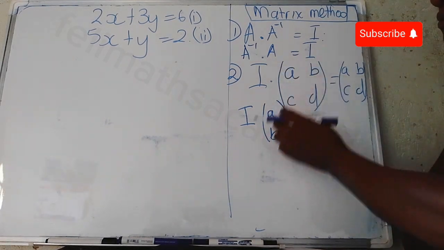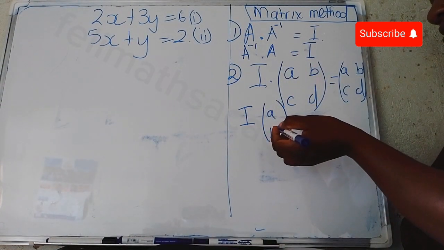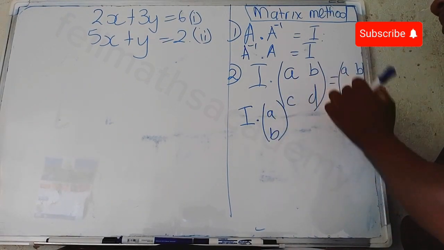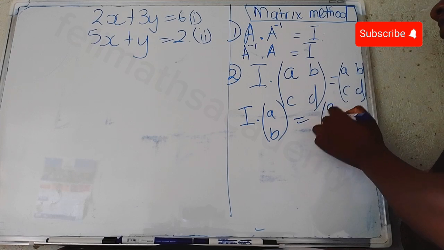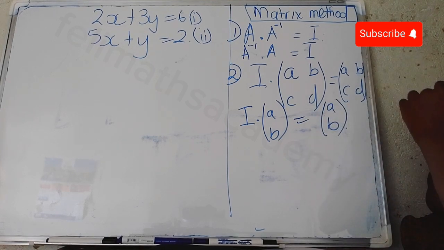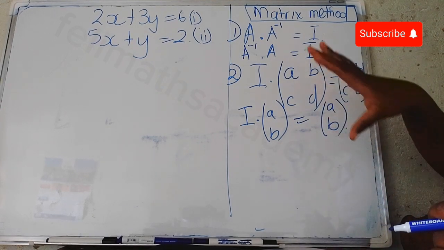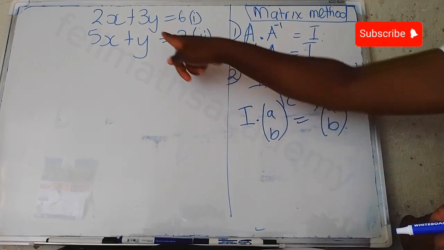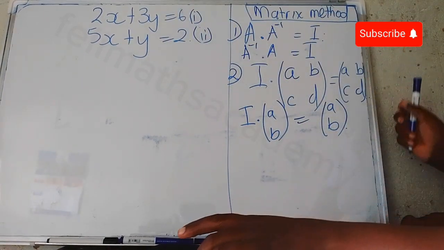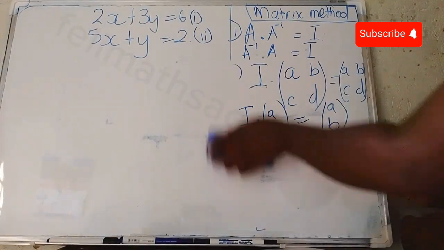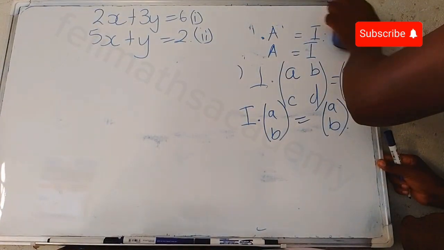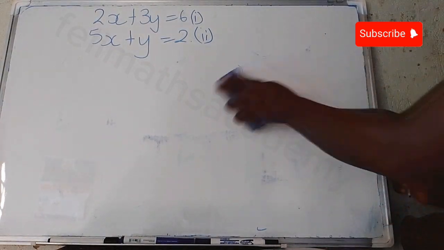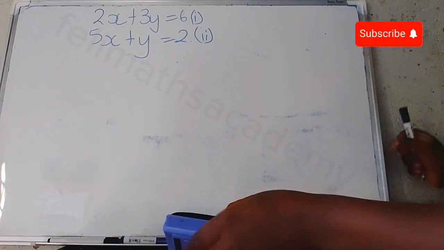This is a 2 by 2. So identity matrix times this matrix, we get that same matrix, right? So we should take note of these 2 points when solving our simultaneous equations using the matrix method, right?